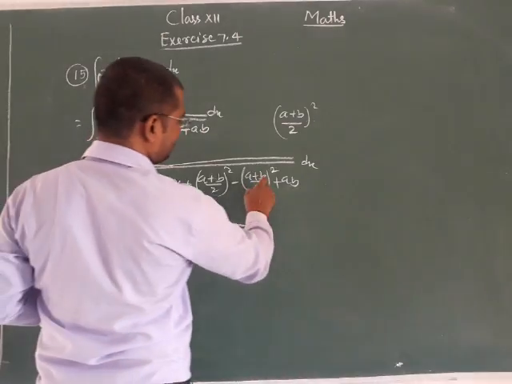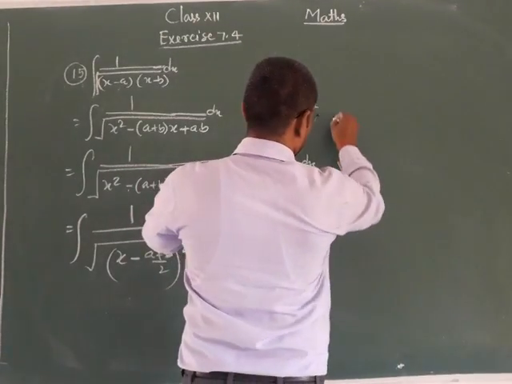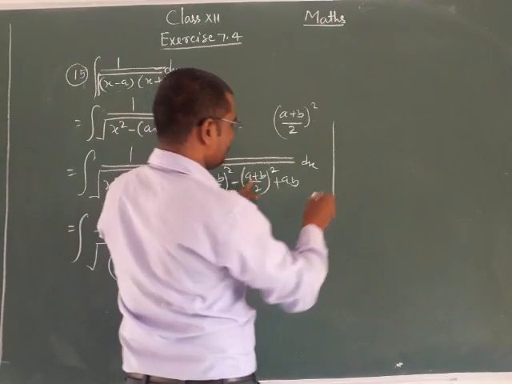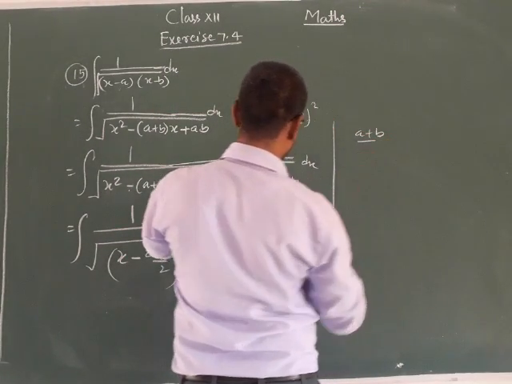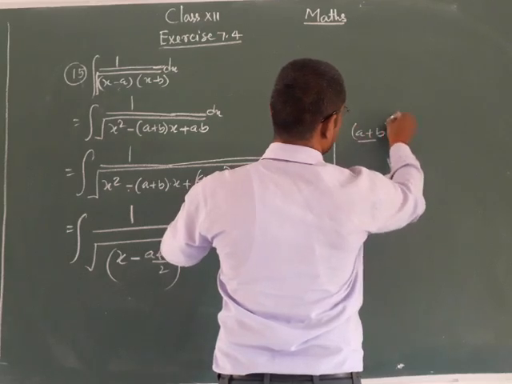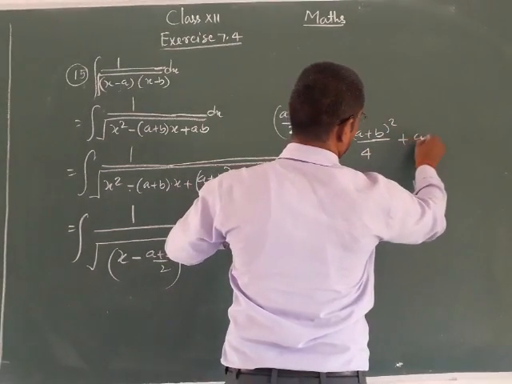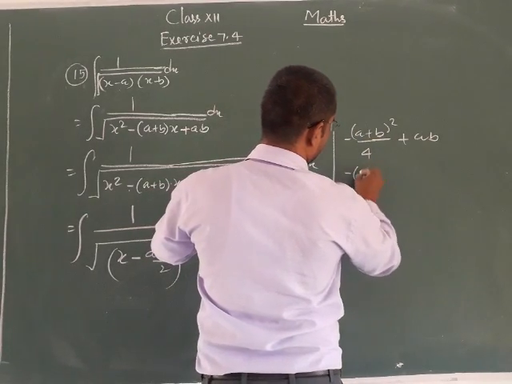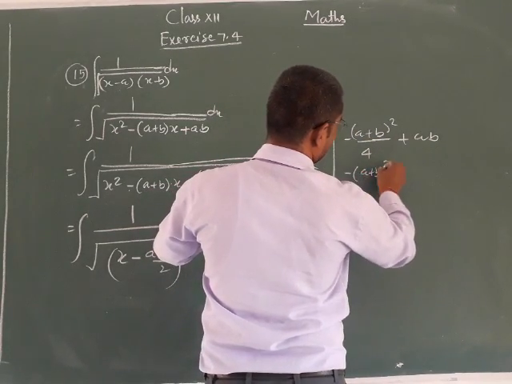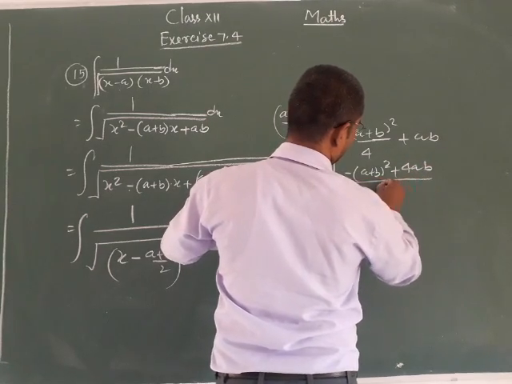And also we can solve. You can solve: minus (a plus b) whole square upon 4 plus ab, this minus. So (a plus b) whole square plus 4ab upon 4.